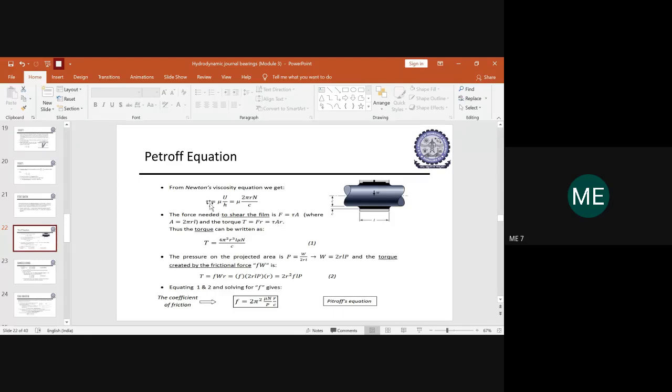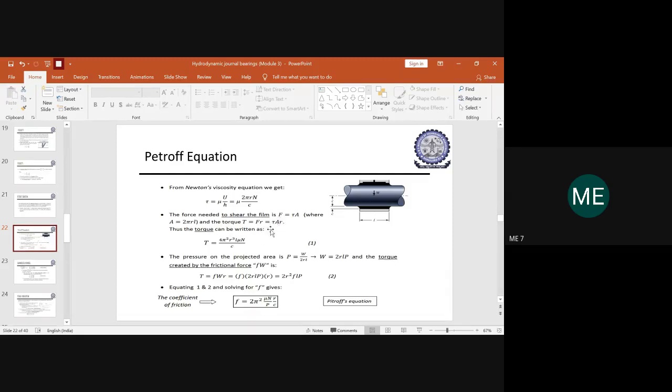The value of tau here is how much? It is mu 2 pi r n upon c, and then A is 2 pi r l, right? And then we are left with the value of r.